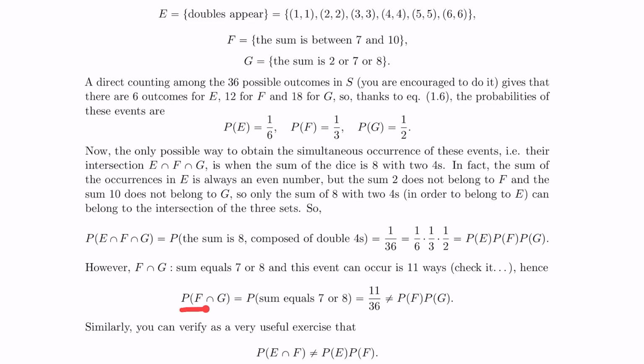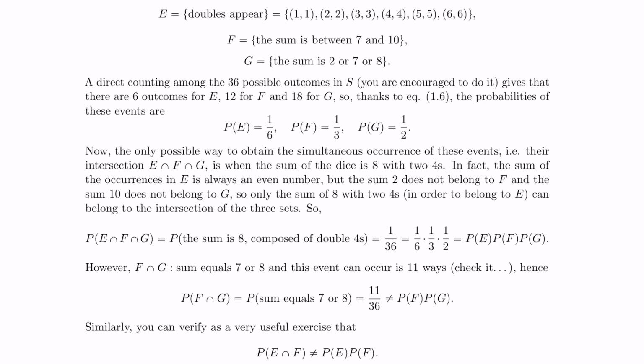So the probability of the intersection between F and G is 11 divided by 36, which, however, is different than the product of the probability of F and the probability of G. This is already enough to say that this condition here doesn't imply the pairwise independence.